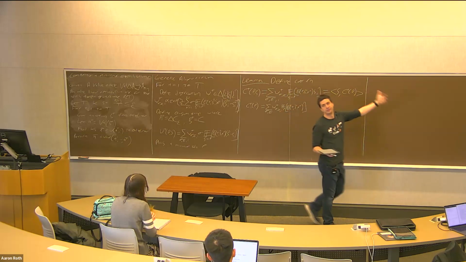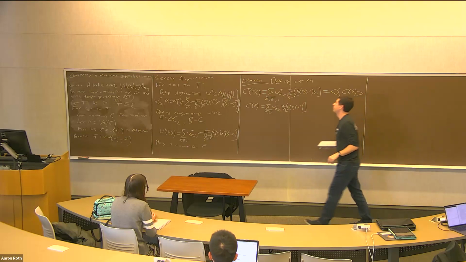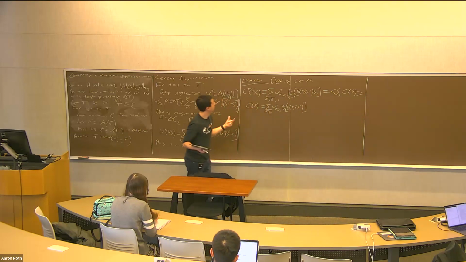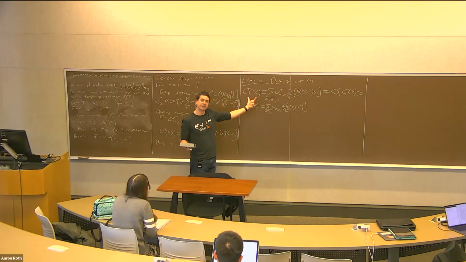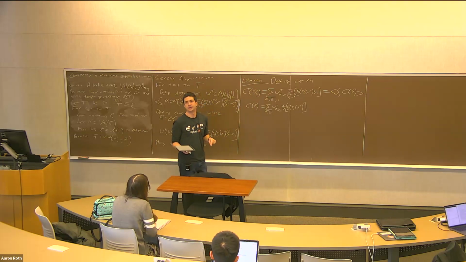Getting no regret with respect to this cost function C is something that follow the perturbed leader can do. It's an online linear minimization problem.